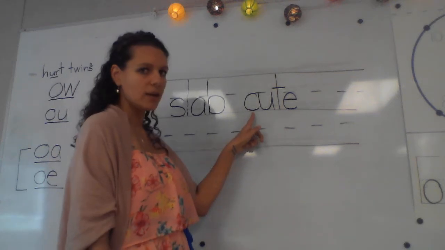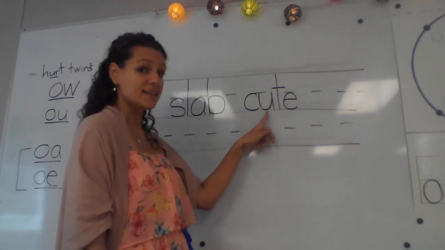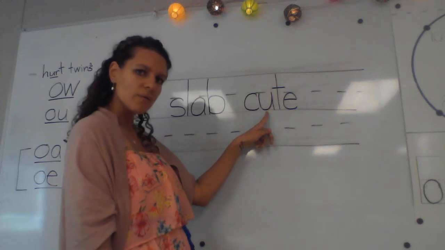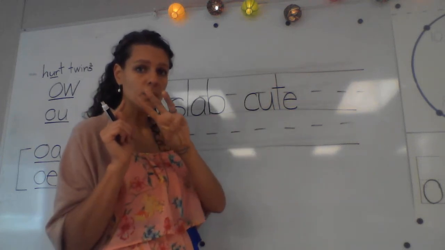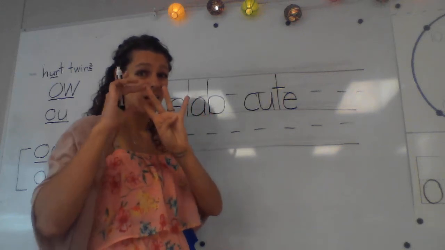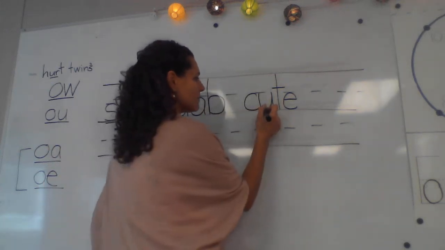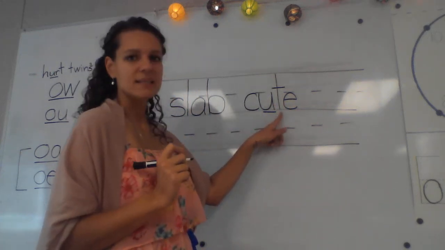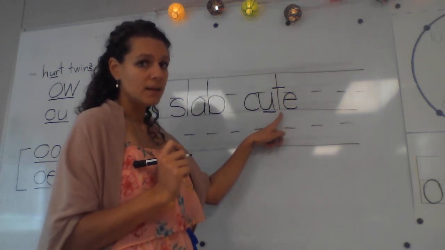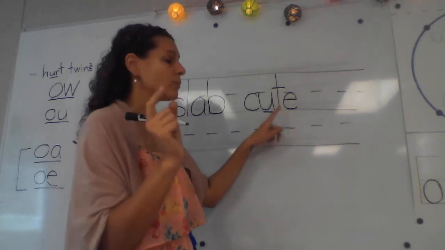Does this need a marking? How about this? All right, let's go over the 4 sounds of this phonogram. What are they? U, oo, oo, and it's saying you. So it's saying its name, so we're going to underline it. How about this? Does this need a marking? Oh, I'm really proud of you if you remembered.